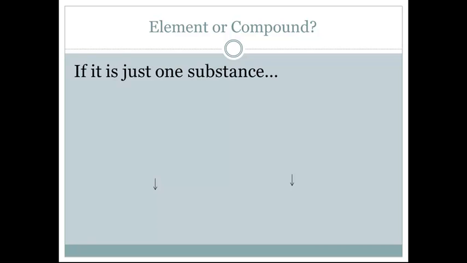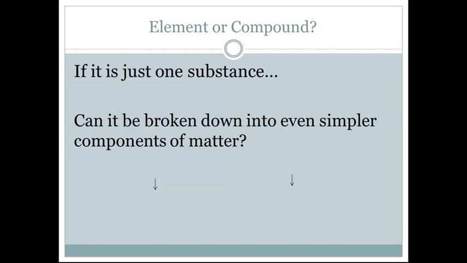One more slide. Let's say it's just one substance, but can that one substance be broken down into even simpler components of matter? So for example, in the case of distilled water, H2O, you have two hydrogens and one oxygen. They are bound together into a molecule, water molecules. They're all water molecules, but those water molecules can be broken down into hydrogens and oxygens.